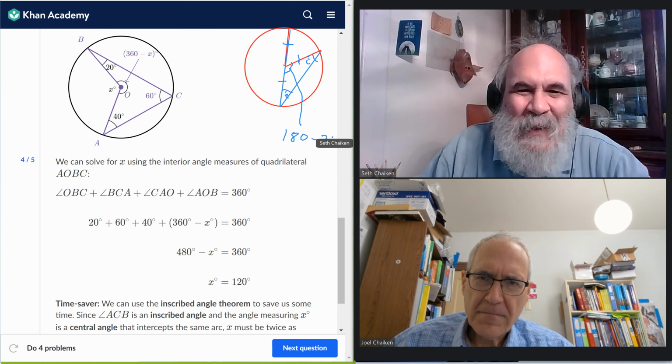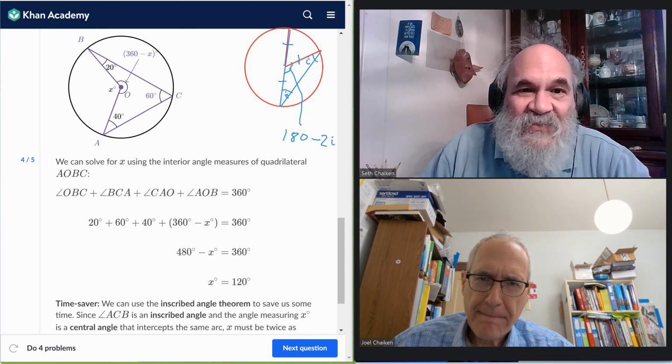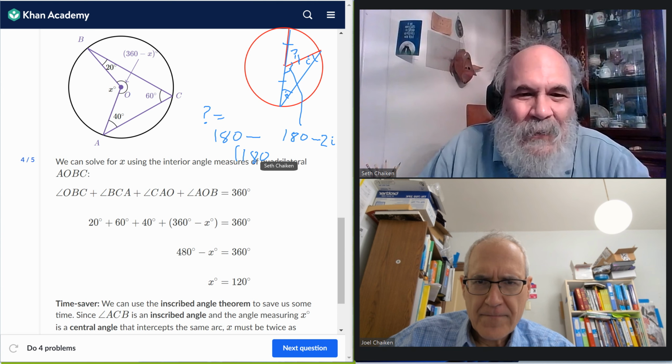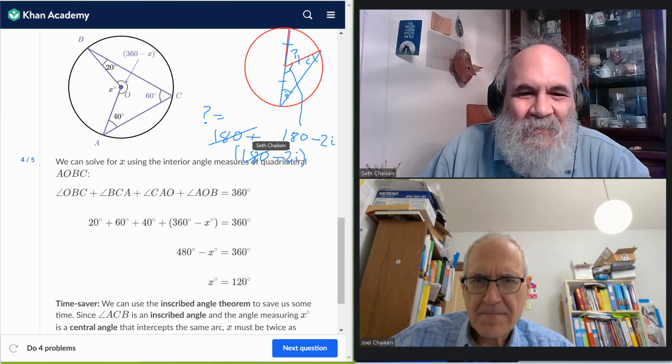Then the angle between the reds is 180 minus 180 minus 2i. The 180s cancel and the minuses cancel and you get 2i.